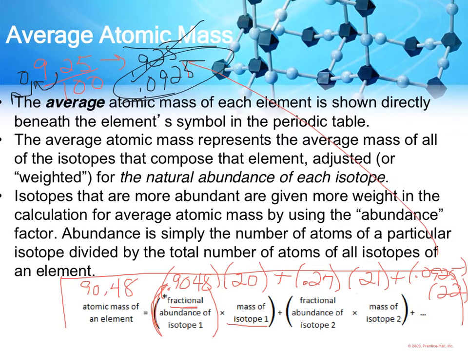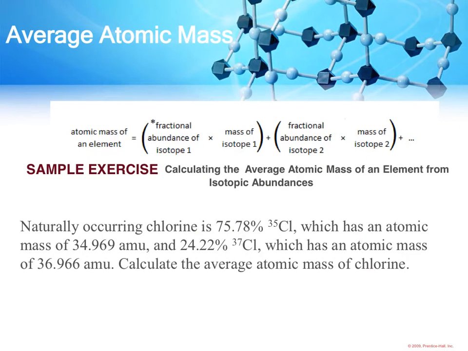So then what you would do to find the average atomic mass of neon overall as an element is you would complete this mathematical equation, and you would get the number that appears at the bottom of neon on the periodic table. Here's an example for you to try on your own.